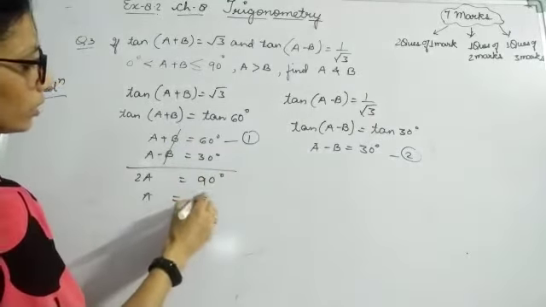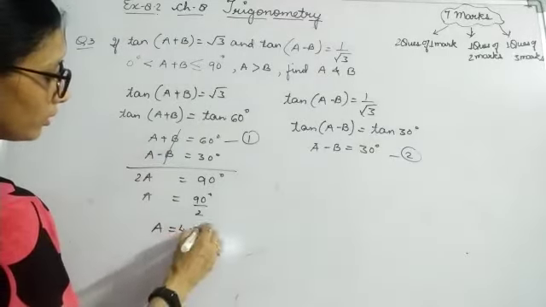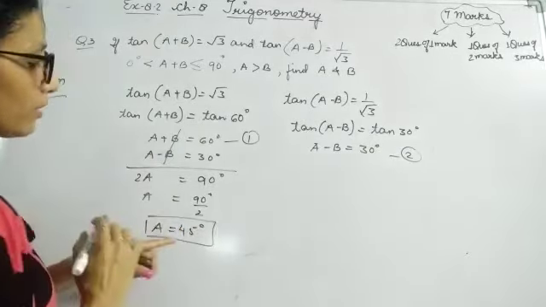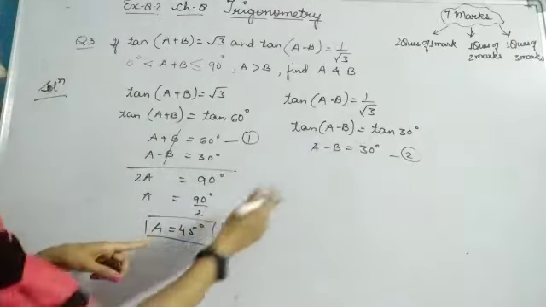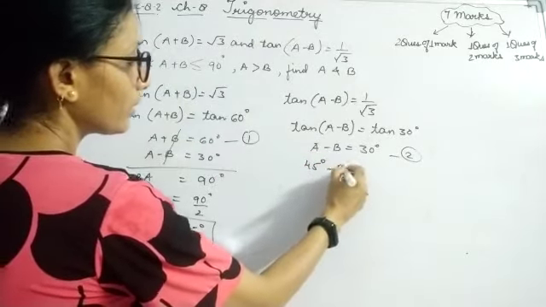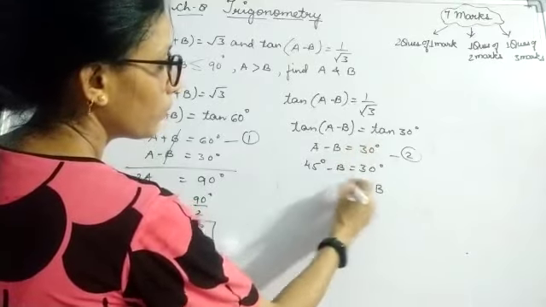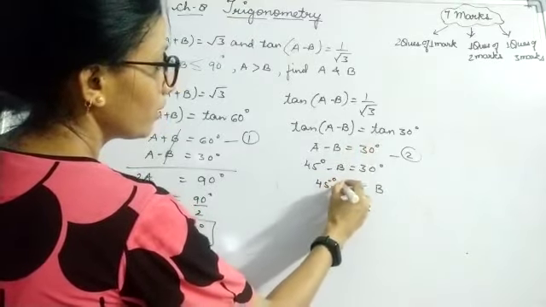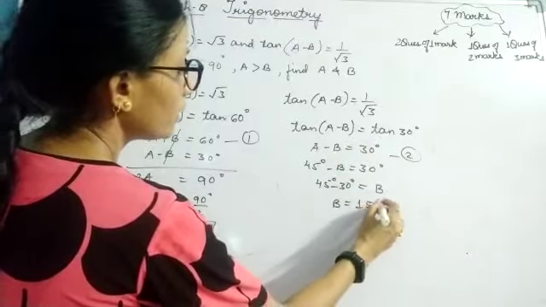So a equals 90 by 2, or a equals 45 degrees. When a is 45 degrees, you can substitute this value in any one of the equations. So let's substitute here. If a is 45 degrees, then what is b? b you can take to that side and it will become positive, and 45 degrees minus 30 degrees means b is equal to 15 degrees.